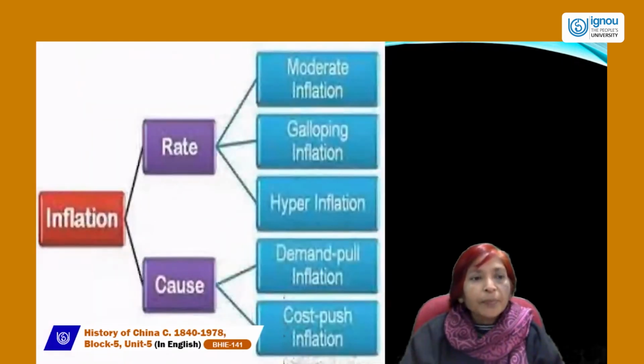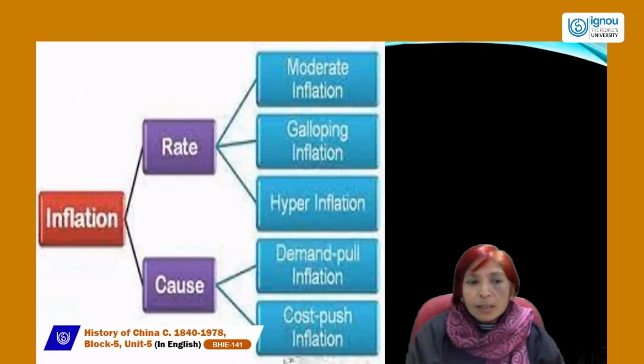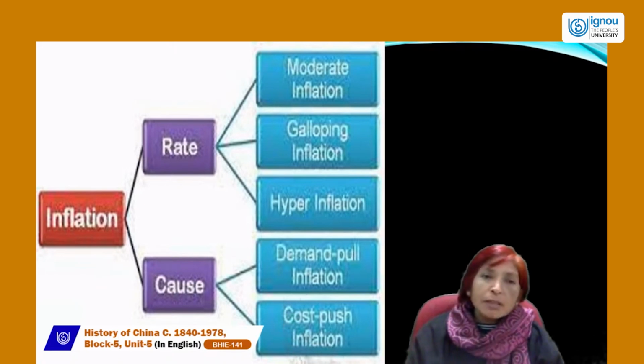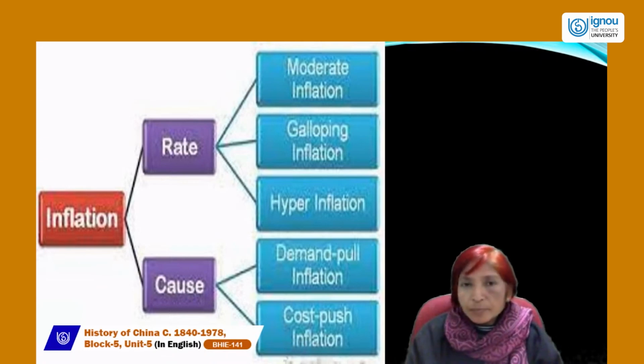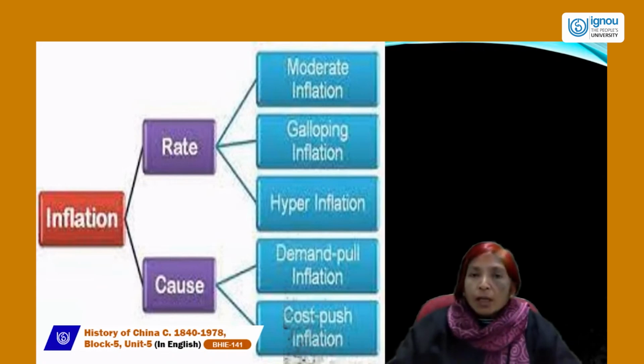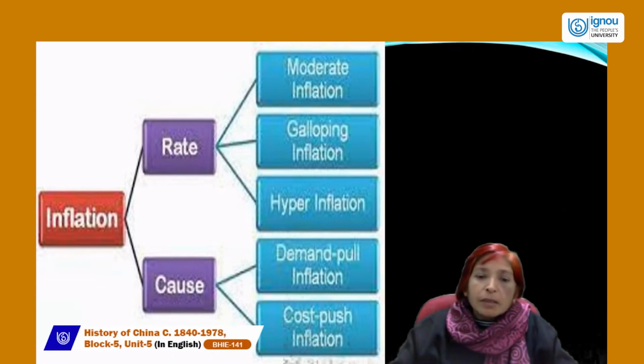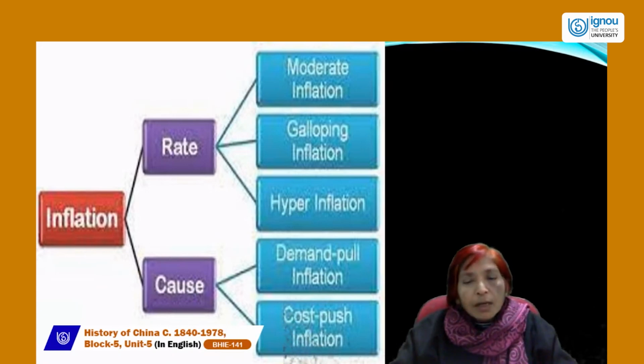Now next, there are different types, rates, and so many causes behind the problem of inflation. Inflation has different types. Inflation rate may be moderate, inflation may be galloping, inflation may be hyperinflation, and inflation may be demand pull inflation and cost push inflation.